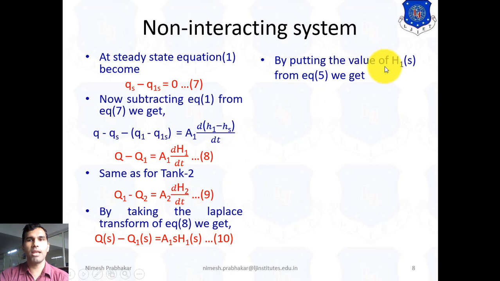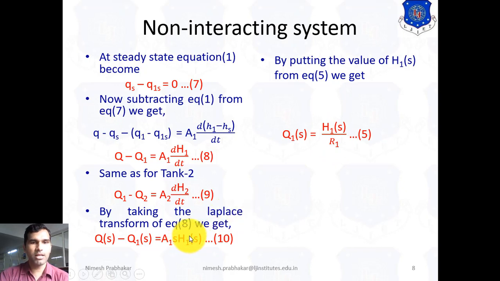Now by putting the value of H1s from equation number 5, so instead of this H1s we put the value of H1s from equation number 5. So we know H1s is nothing but Q1s into R1.